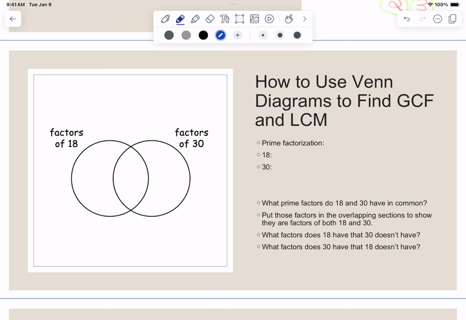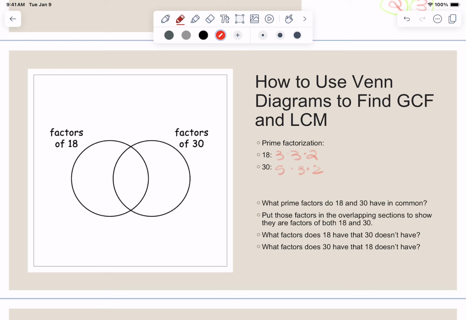I've got my 3 times 3 times 2. Any combination, any order is fine because we're using the commutative property of multiplication. So 3 times 3 times 2 is 18, and 5 times 3 times 2 is 30.